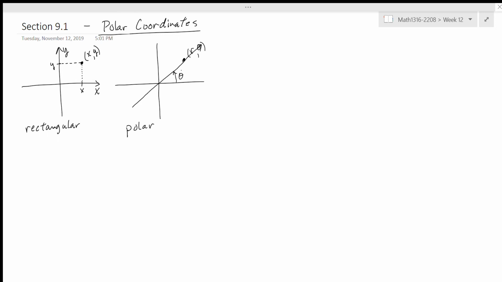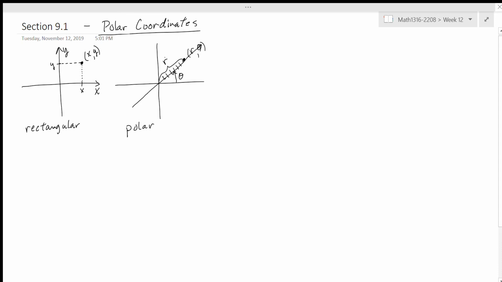And then the radius tells you how far in that direction to go. So do y'all understand? The first thing you have to do is you have to locate the direction that you're going in, and then the radius says how far do you go in that direction. Got it?